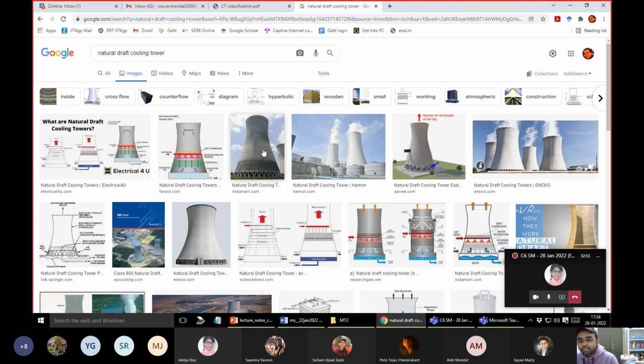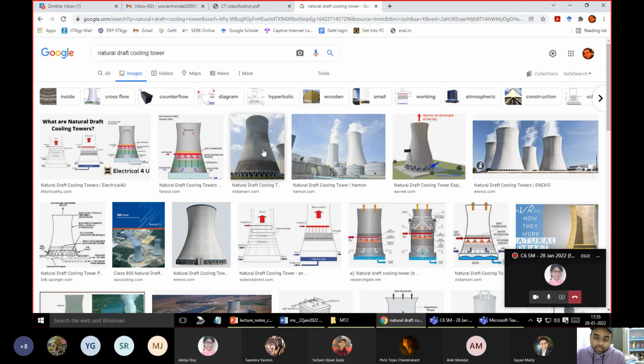In the case of atmospheric towers, it is very similar to the natural draft. The difference is that natural draft towers are very wide at the bottom, and the shape is more or less like a hyperbolic curve. In the case of the atmospheric draft tower, it is completely vertical. Atmospheric columns are not at all preferred, right?